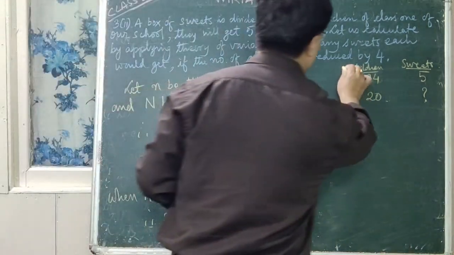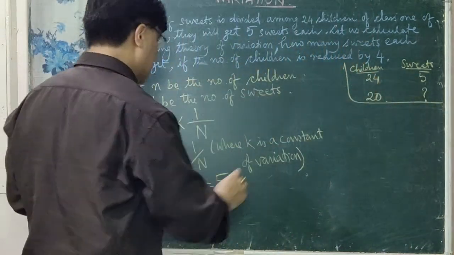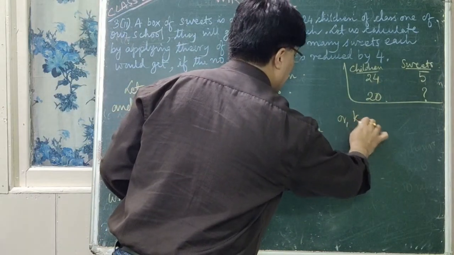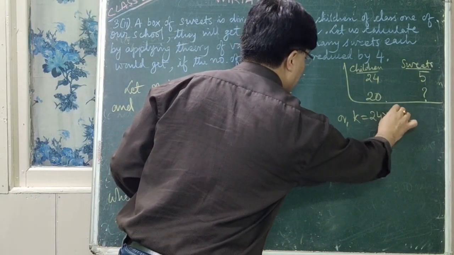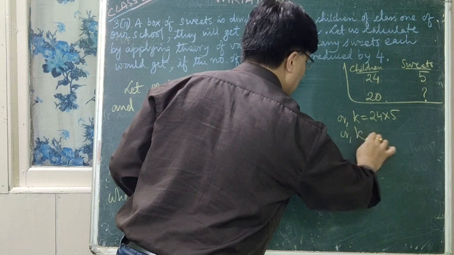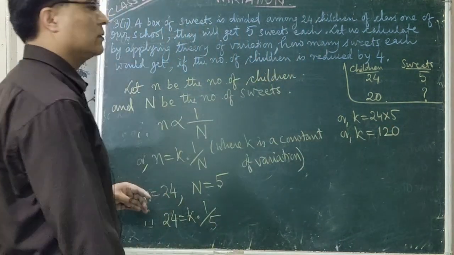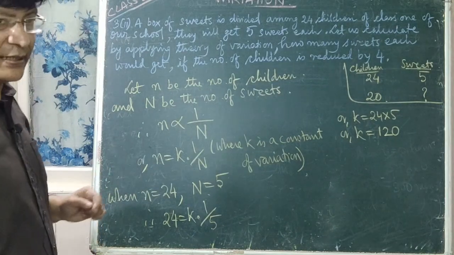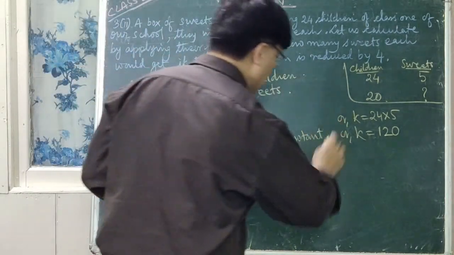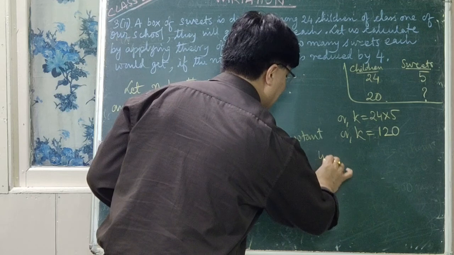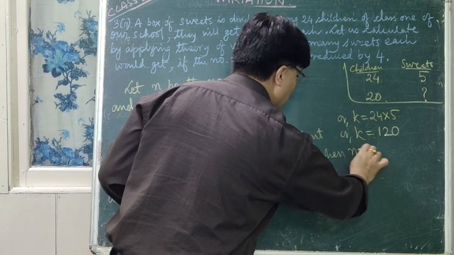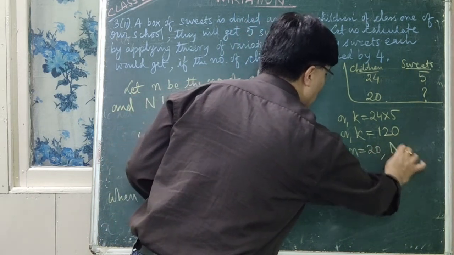Is that clear? Next, cross multiply. K is equal to 24 into 5, or k is equal to 120.